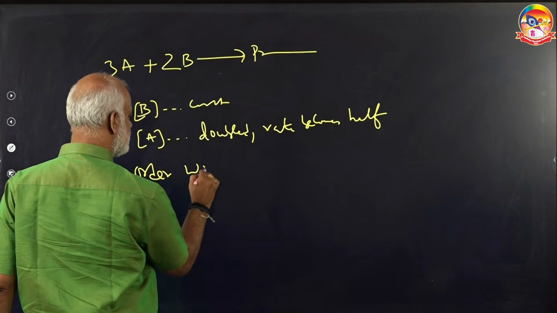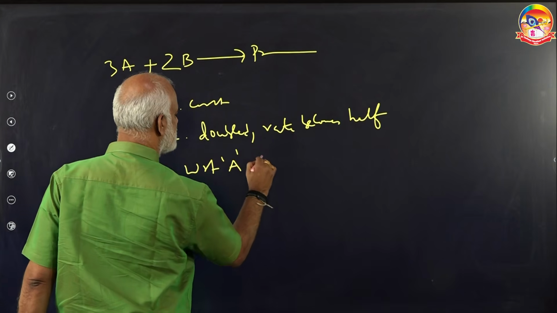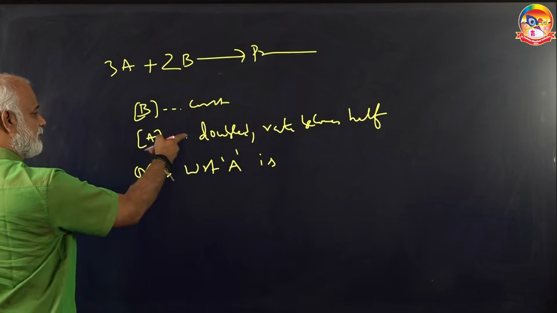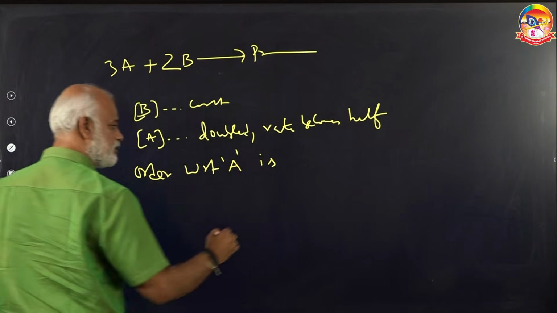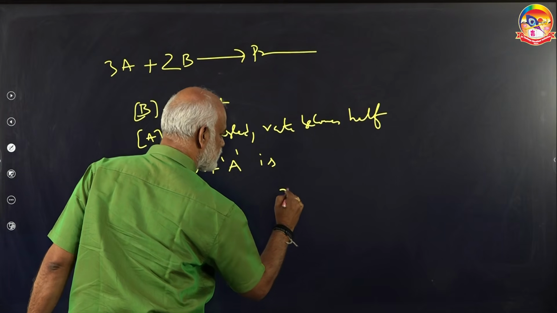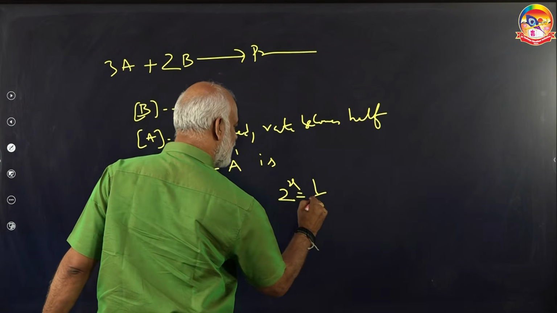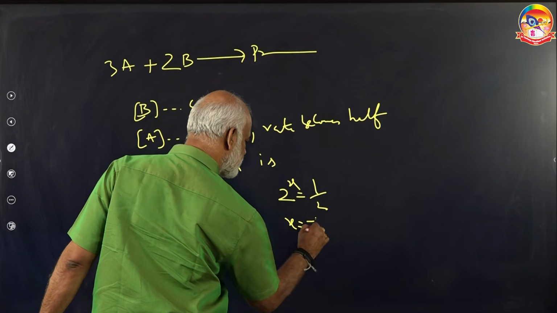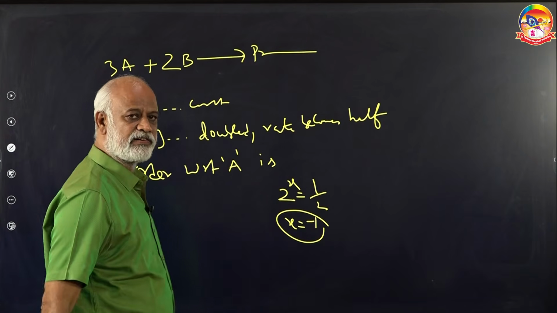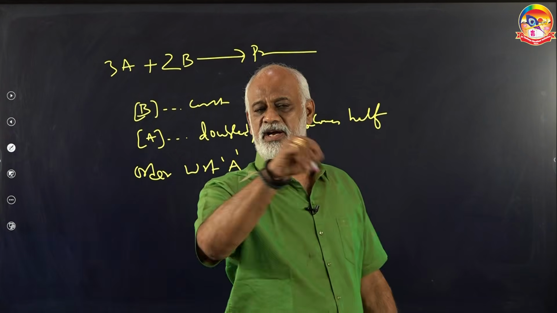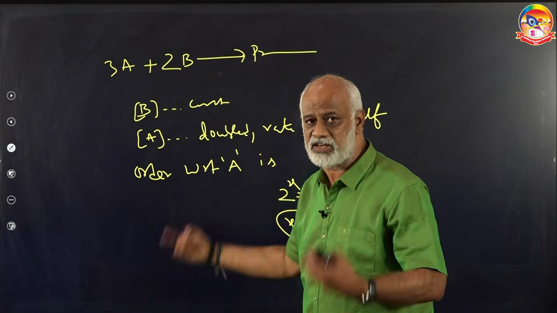Order with respect to A is, now you see what happened to the concentration of A, doubled. So, concentration to the power order, 2 to the power x. Then what happened to rate? Half. So, what is x equal to? -1. So now the order with respect to A is -1. What does it mean? It is negative, okay, fine.